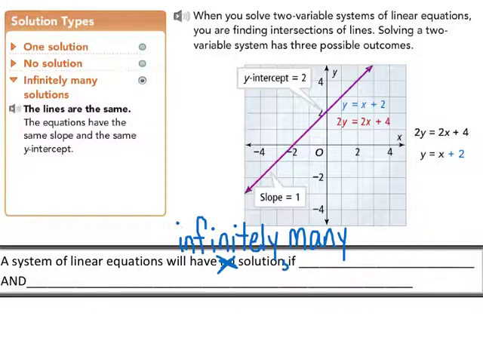So I'm going to add an S there. So infinitely many solutions if the slope is the same and the y-intercepts are the same. Please make sure that you get that written down prior to moving on in your notes.